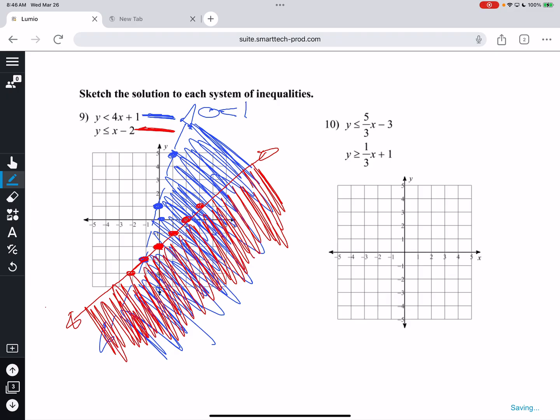All right, now let's talk about what the solution looks like. It's not everything under the red. Okay? Because notice right here, there was no blue at that very bottom. So what the solution will be is when it stops at the blue line right here.